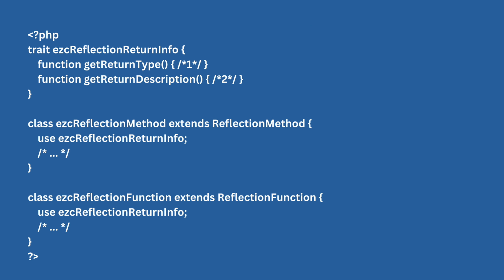So how does it look? See, what is the keyword of the trait? This one. And then I'm writing the trait name, and then I'm defining here some methods, right?